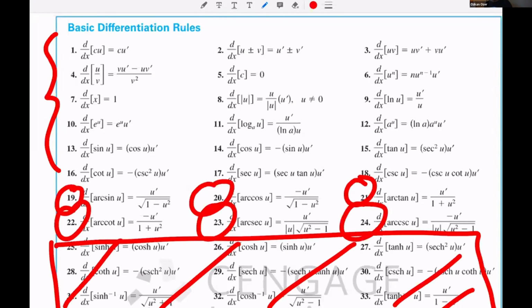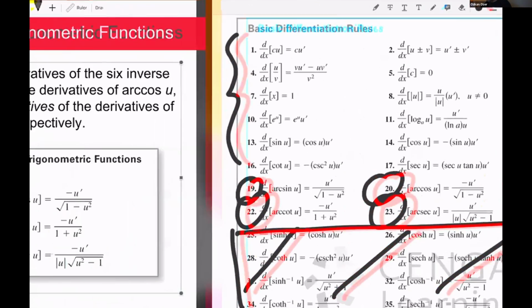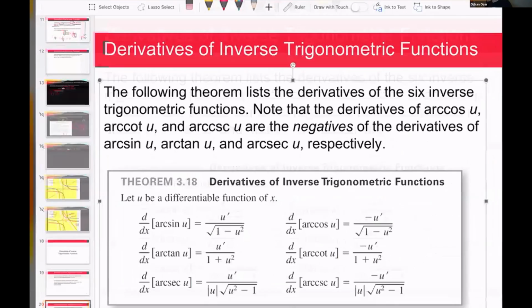By going through those formulas from 19 to 24, we're going to fill in all the rules and learn them, so that you can start using those rules in the next chapter, which is chapter 4.